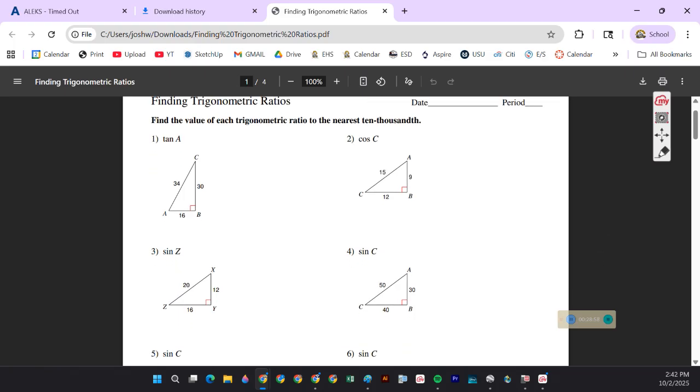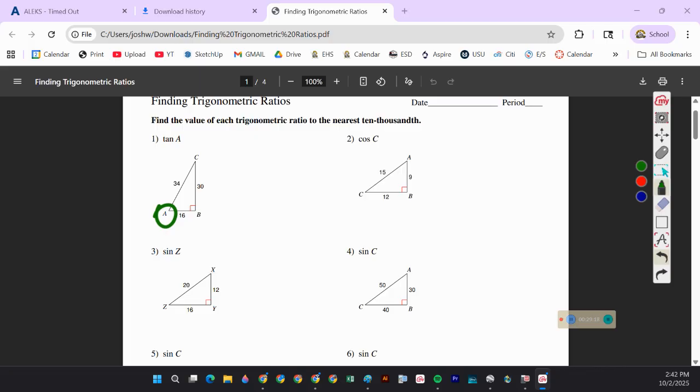So, for your assignment today, you're going to be given a triangle, and it will say, what is the tangent of A? So over here, we circle A, and tangent is which sides?